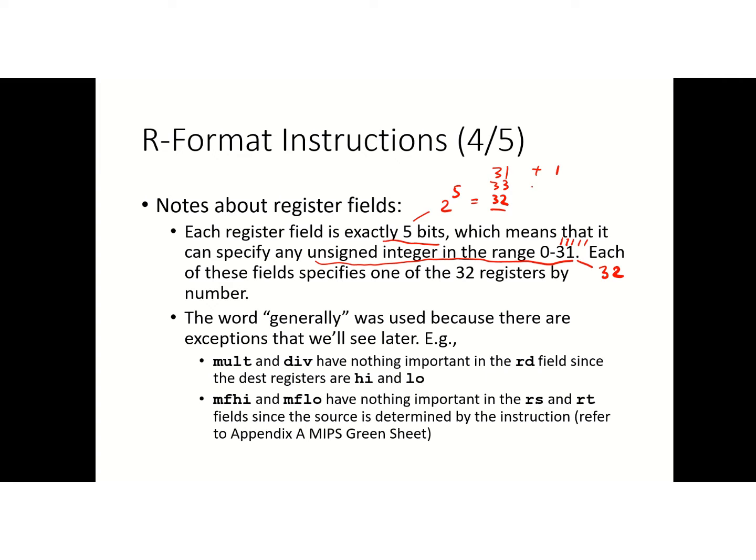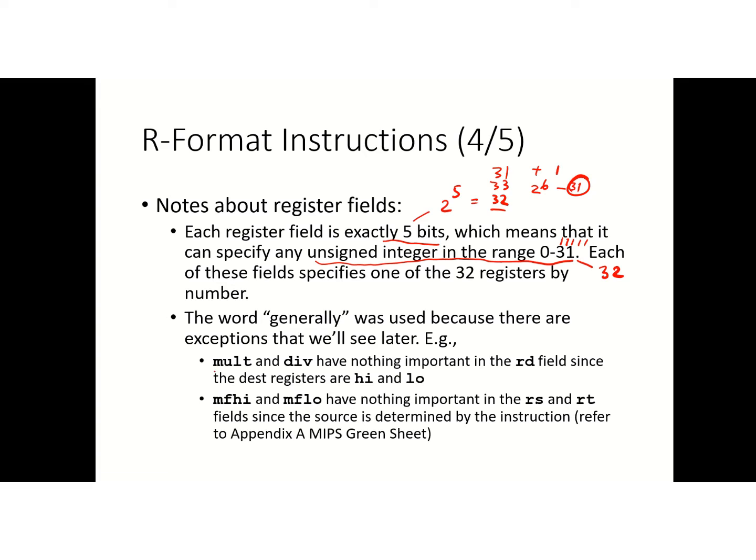Whereas for 33, you require 2 to the power of 6 combinations of numbers to represent that register number, and also an extra 31 combinations, which is a waste on the architecture. So that's why they prefer to use base 2 numbers to design the architecture of the assembly language. The word generally was used because there are exceptions that we will see later on.